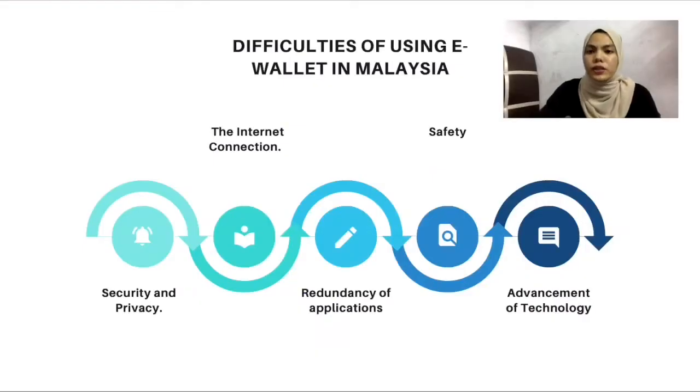So we'll continue with question number 2, which is the difficulties of using e-wallets in Malaysia. Firstly is the security and privacy of the users, because when the government first offered us the initiative of 30 ringgit to let us know and use the e-wallet, we had to share our private information, which is our identity card and our selfie, and that puts our information at risk.